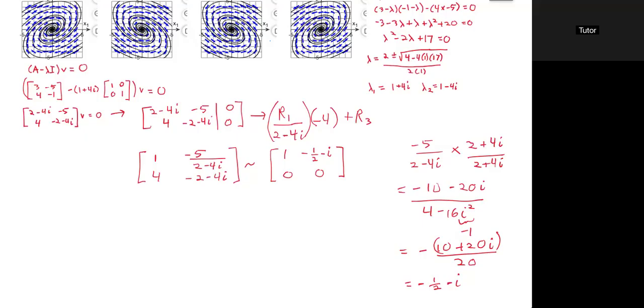And sorry, I forgot to add a row over here. Because we cannot forget our 0 values because they're important in our augmented matrix. So don't forget that we have 0 terms on this side of the matrix. And also over here.